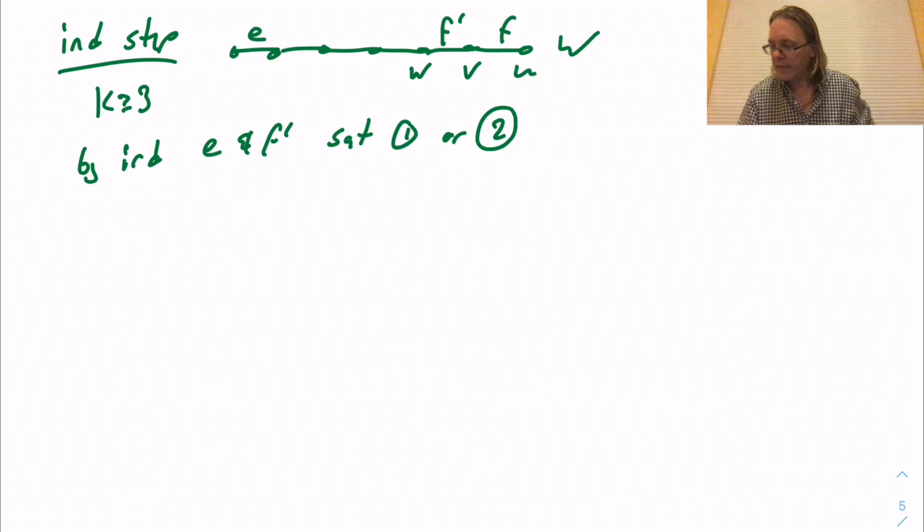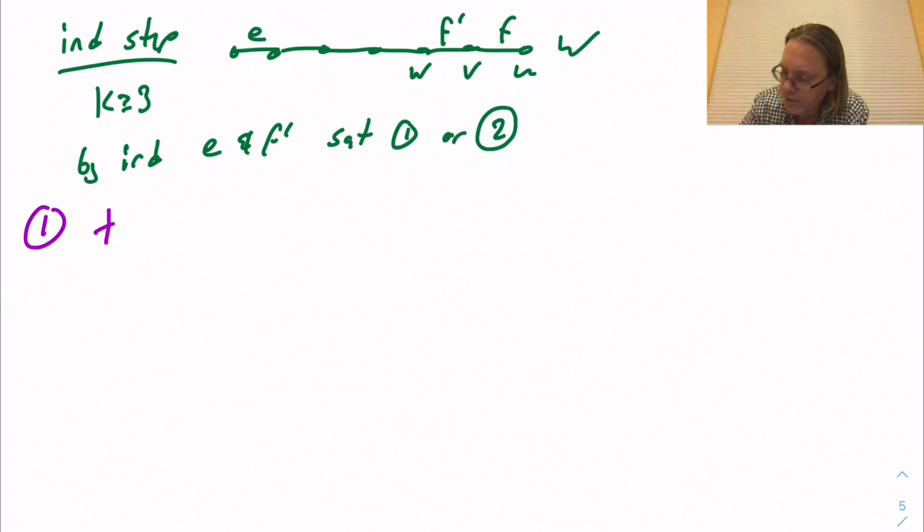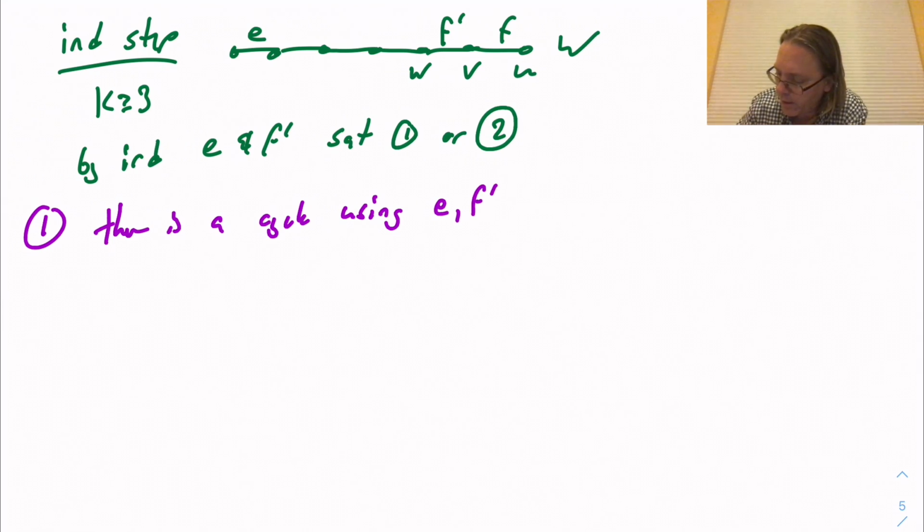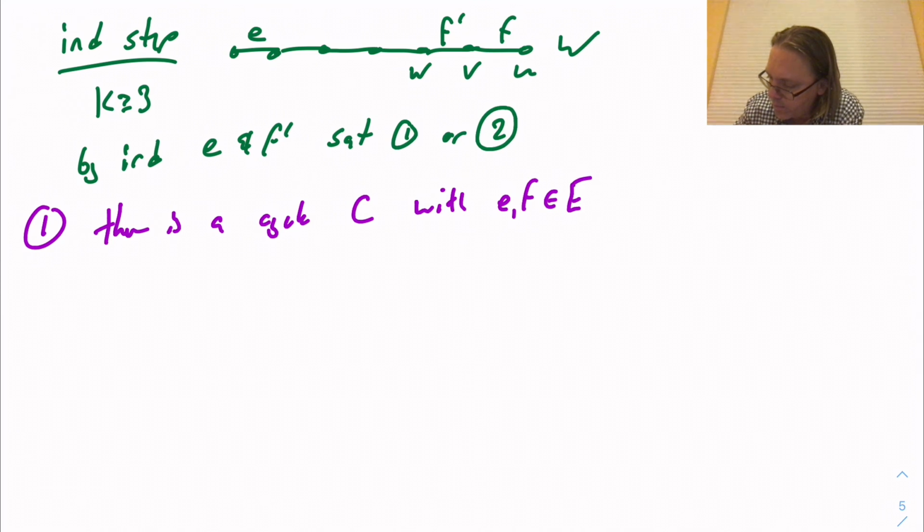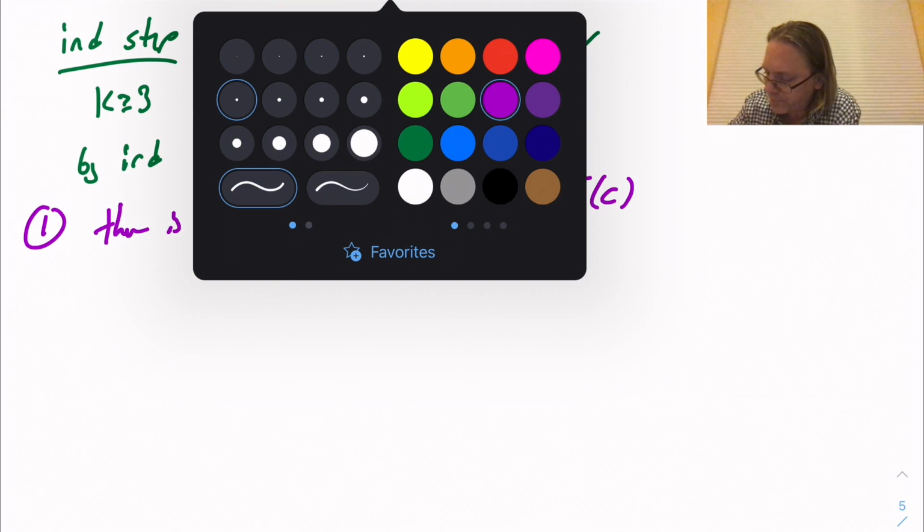So let's consider that next case. Case 1: there is a cycle using E and F prime. Okay, and let's draw this picture.